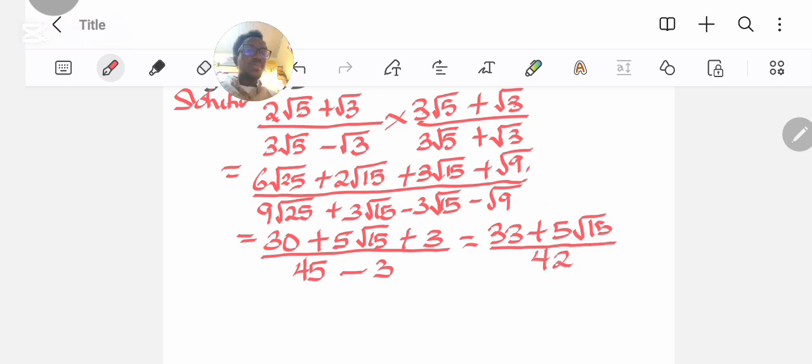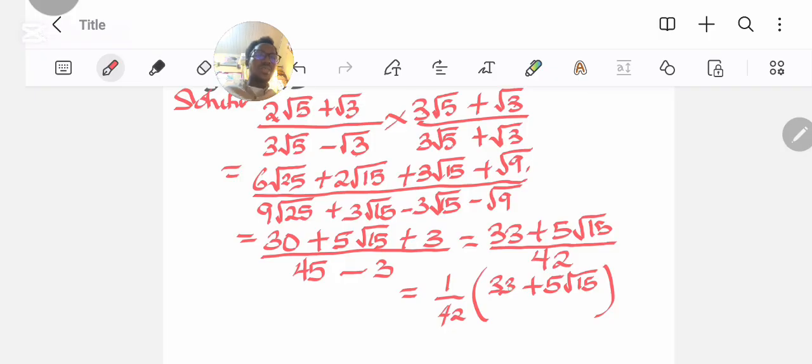So from here, if you like, we can leave the answer like this. If you like, we can say this is 1 over 42, bring it outside, bracket 33 plus 5 root 15. The reason why we are leaving the answer like this is there is nothing common. Or okay, we can still use 3 to divide because of this 33.